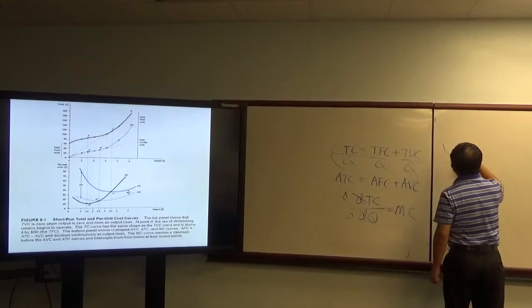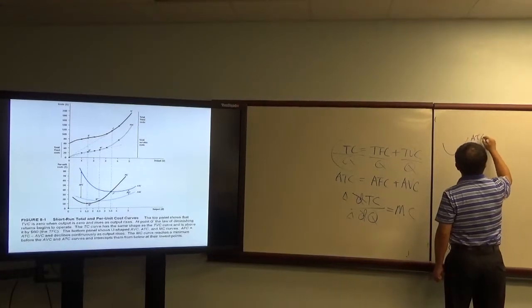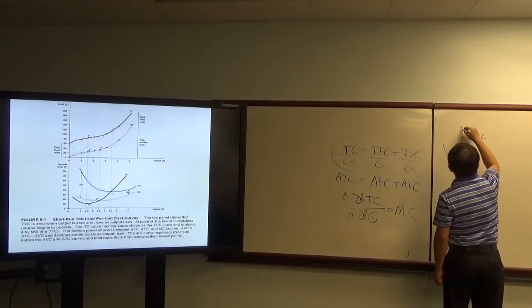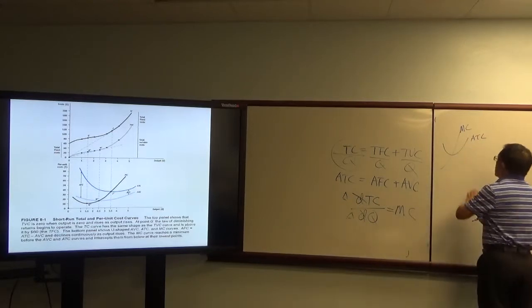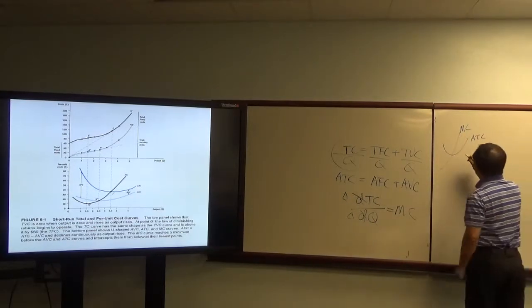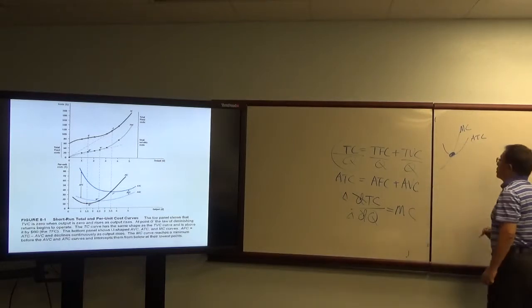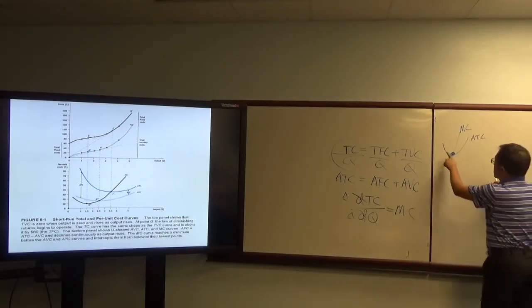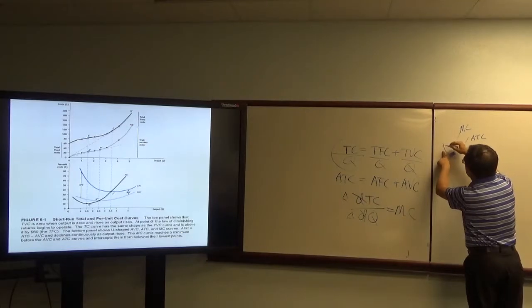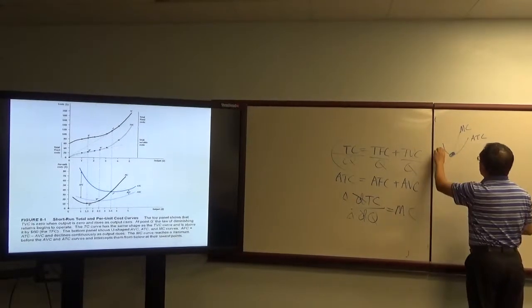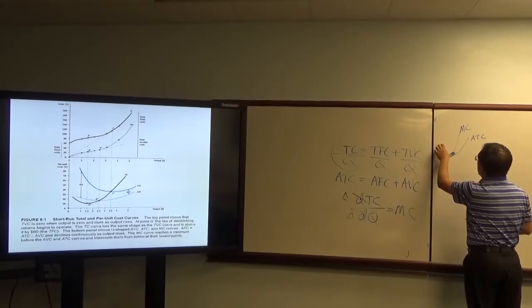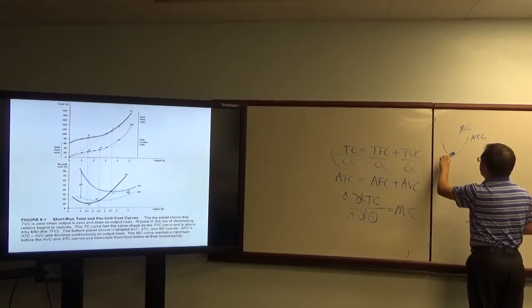So if this is the average total cost and this is the marginal cost, the marginal cost will pass through the minimum point of the average total cost. And why? Because you can see on the left side, what's the relationship between the average and the marginal?